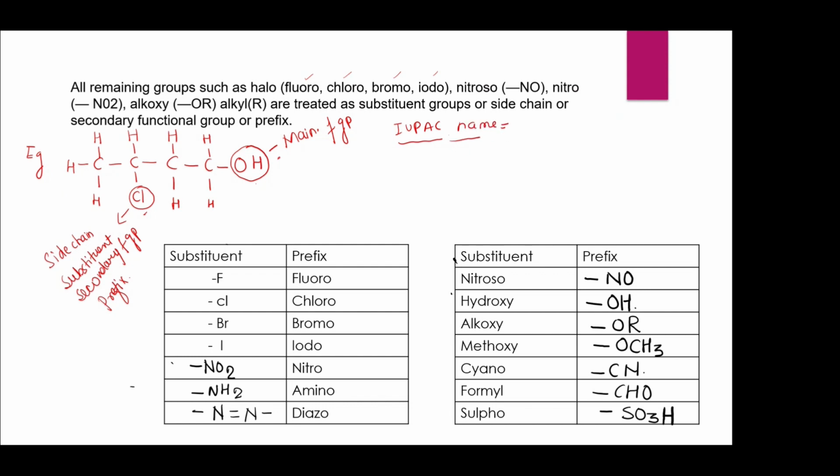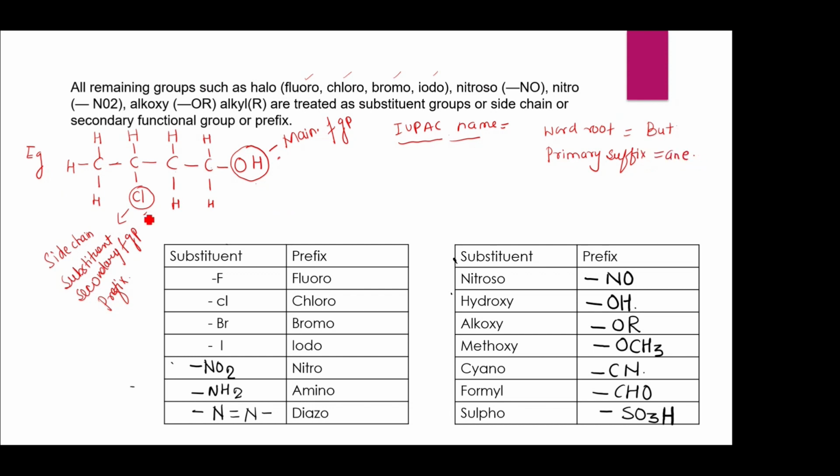So we have 4 carbon, 1, 2, 3, 4. So 4 carbon means the word root will be but. Then all are having CC single bond. That is why the primary suffix will be ane.